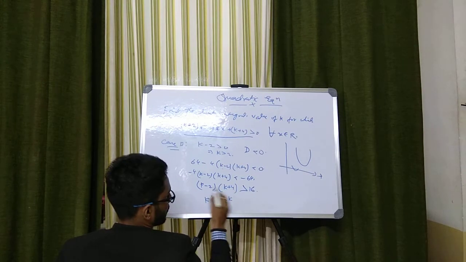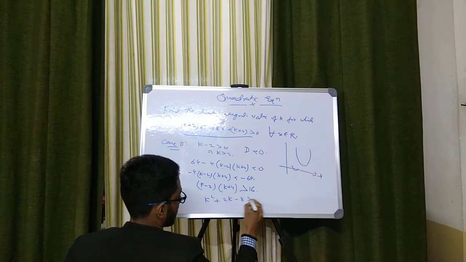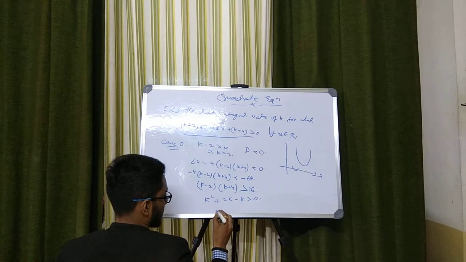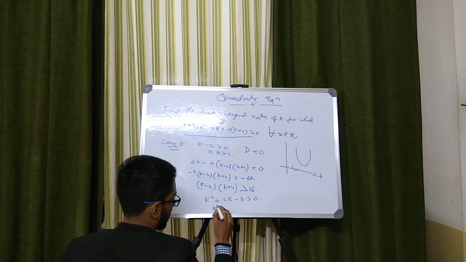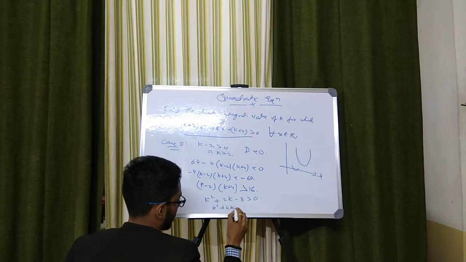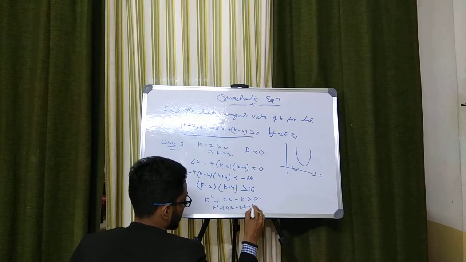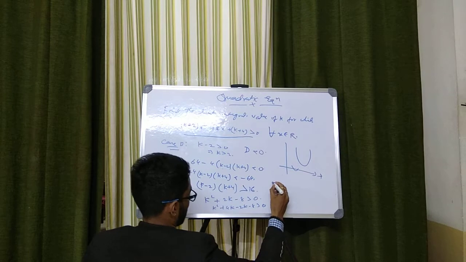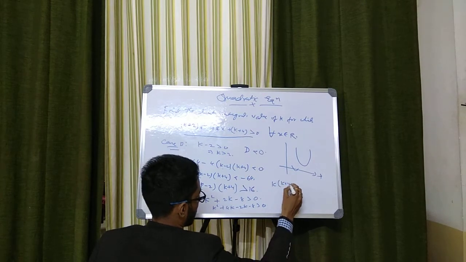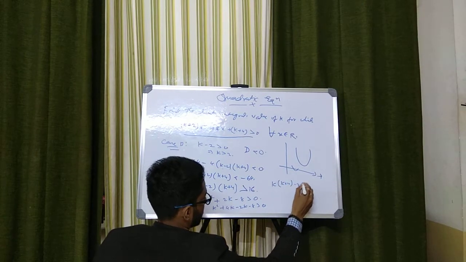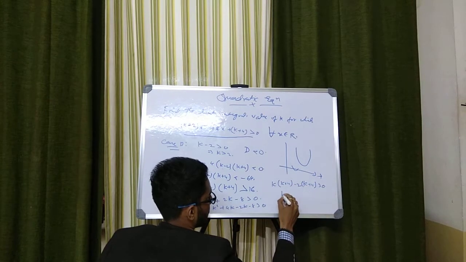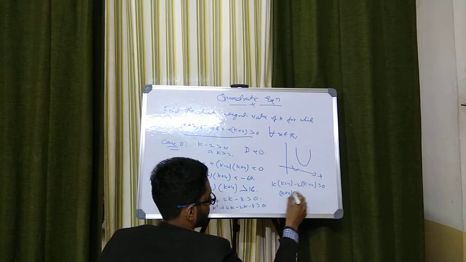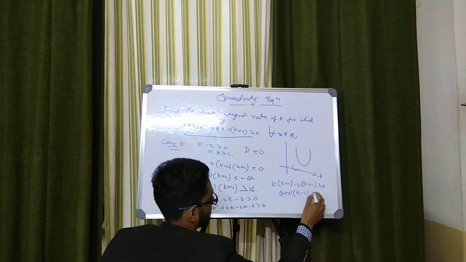See, minus 4 to 8, 8 minus 16 is minus 8, has to be greater than 0. That means I can factor it: k square plus 4k minus 2k minus 8 has to be greater than 0. That means k into k plus 4 minus 2 into k plus 4 has to be greater than 0. k plus 4 into k minus 2 greater than 0.